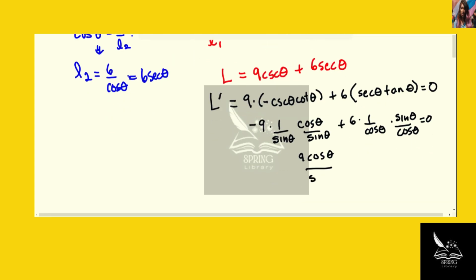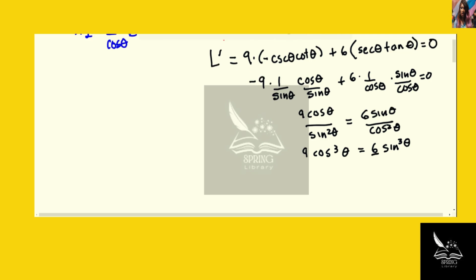over sine squared theta equals 6 sine theta over cosine squared theta. Cross multiply: 9 cosine cubed theta equals 6 sine cubed theta.